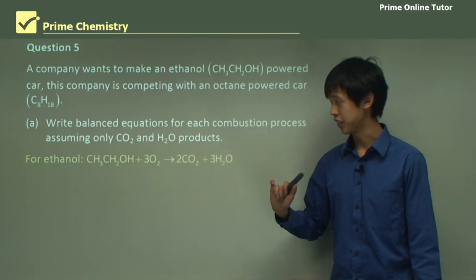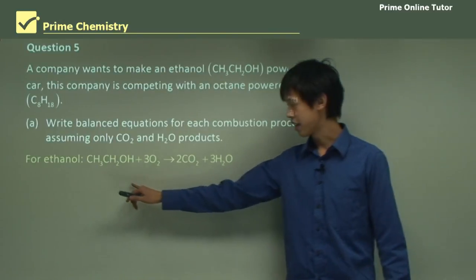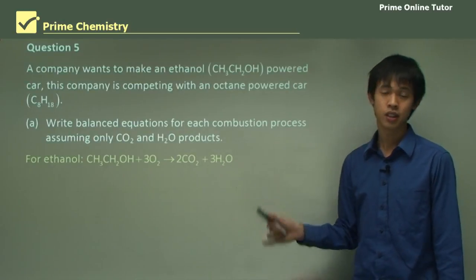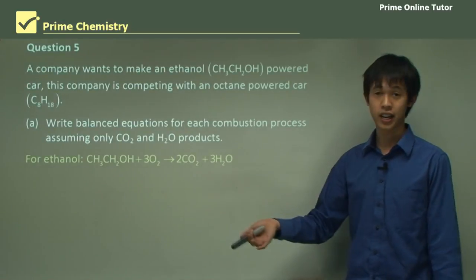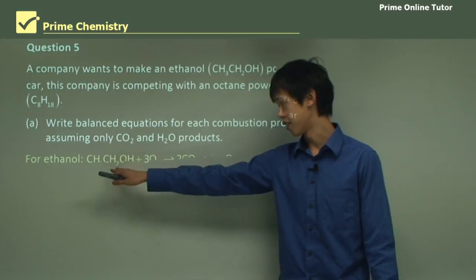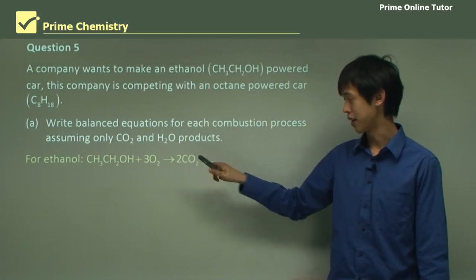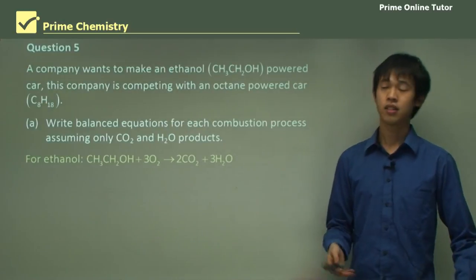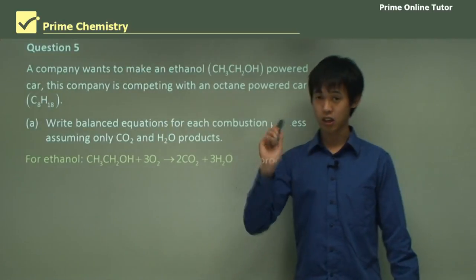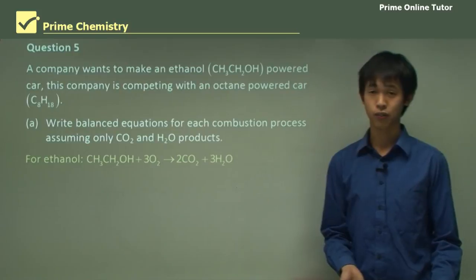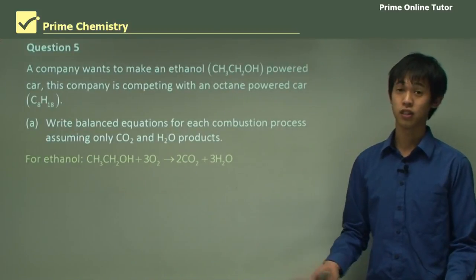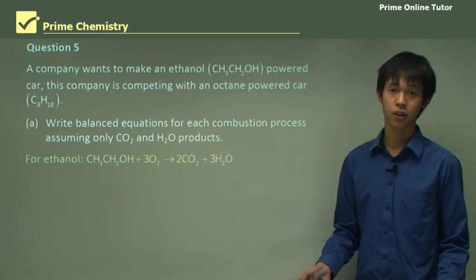So here's the equation. We have ethanol plus 3 oxygens gives you 2 carbon dioxide plus 3 waters. You can work that out based on the fact that you know this, and you know that carbon dioxide and water are the only products. All you have to do is balance it. But I will go through the octane combustion reaction for you so you can see how to balance octane, and then hopefully you'll get an idea of how to do all these balancing equations.